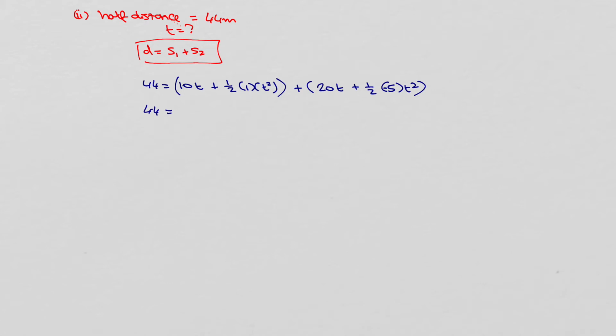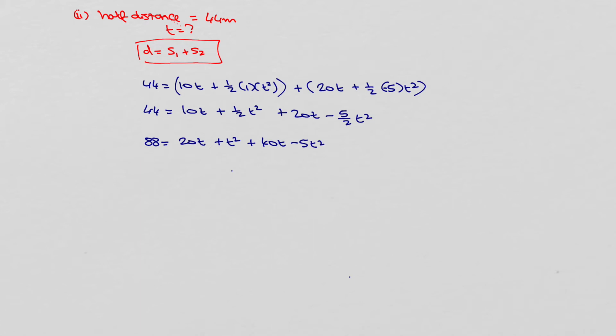So that gives me 10t plus a half t squared plus 20t minus 5 over 2 t squared. And if I multiply across by 2 there, that gives me 88 is equal to 20t plus t squared plus 40t minus 5t squared.